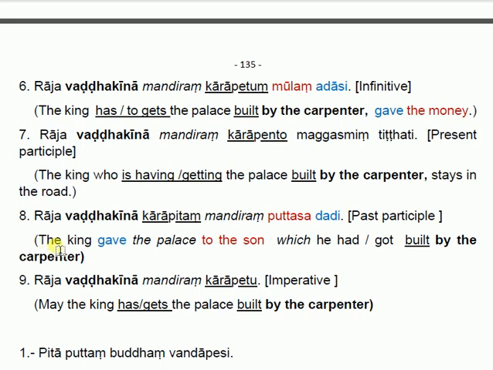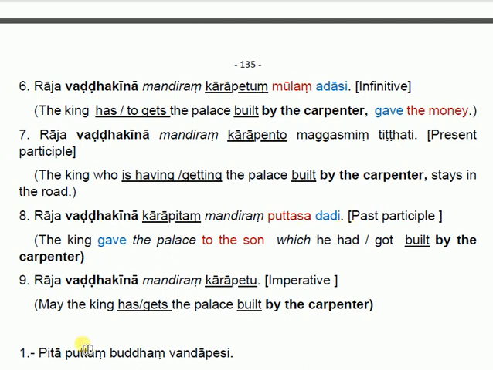Raja, the king, Vaddakina, by the carpenter, karapitang, which he had or got built. This is the causative verb in past participle, karapitang. Mandirang, the palace. Puttassa means to the son, dative case. Dadi, past tense, gave.